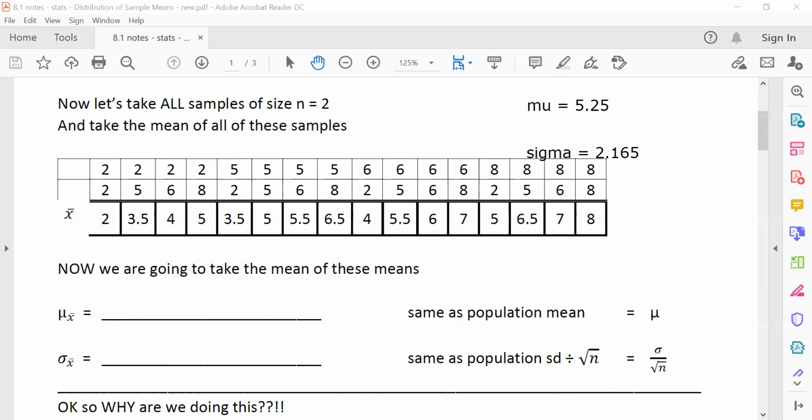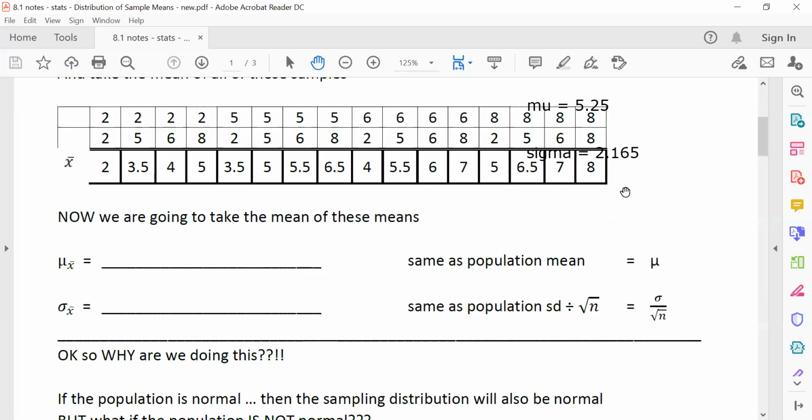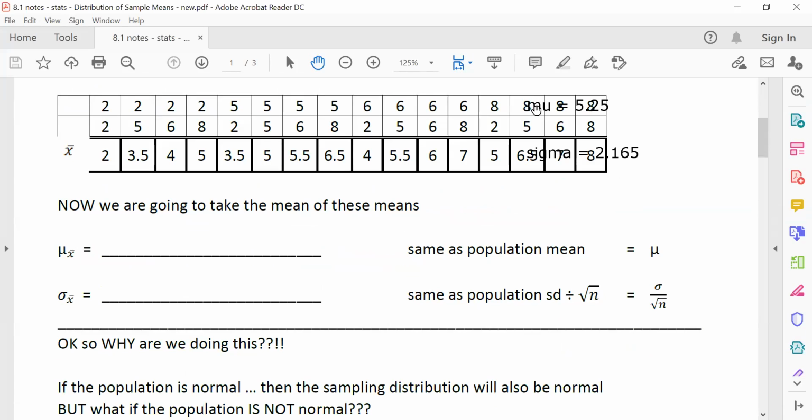So let me enter all these values into my Excel spreadsheet. 2, 3.5, 4, 5, 3.5. Do something like this so I can even see it all. I'm going to have to rearrange the screen slightly.